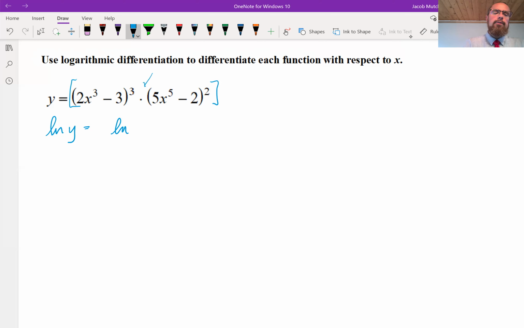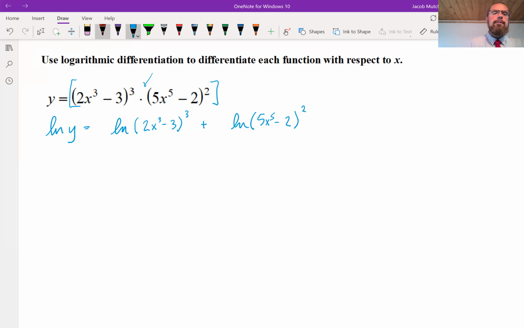It's a product, first of all, so I can split this using the expansion rules for logarithms into a sum. So it's natural logarithm of the first factor, 2x cubed minus 3, cubed, plus the natural logarithm of the second factor, 5x to the power of 5 minus 2, squared.